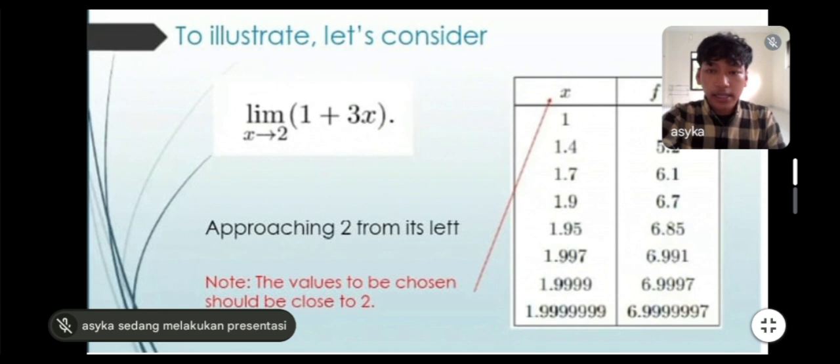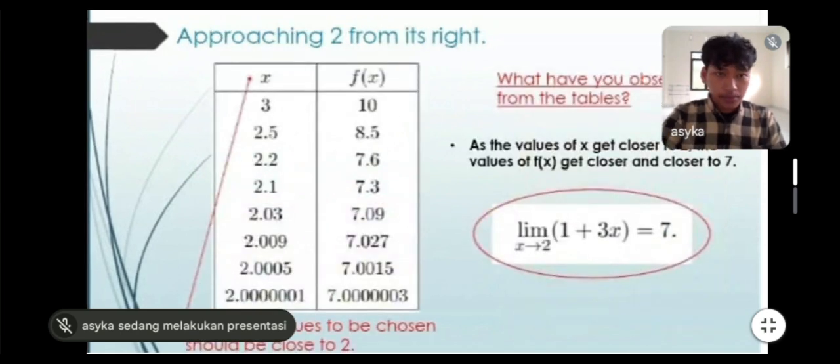So, in this table, x equals 1, 1.4, 1.7, 1.9, etc., and then f(x) is 4, 5.2, 6.1, and so on. What have you observed from the table? As the value of x gets closer to 2, the value of f(x) gets closer and closer to 7.